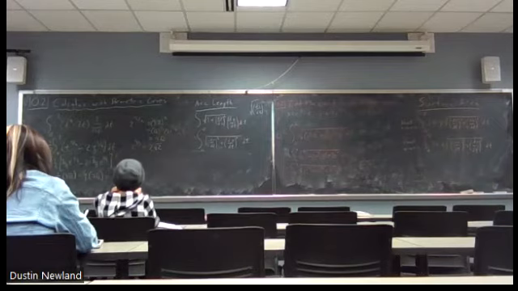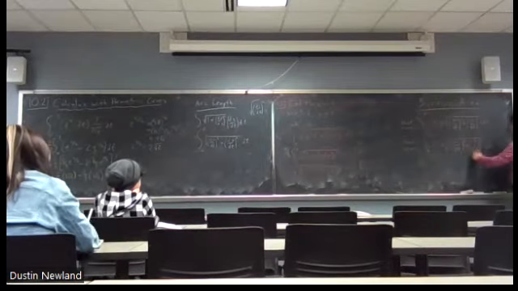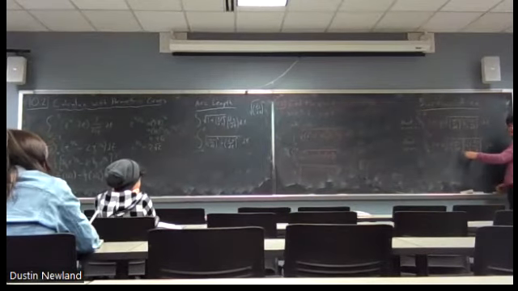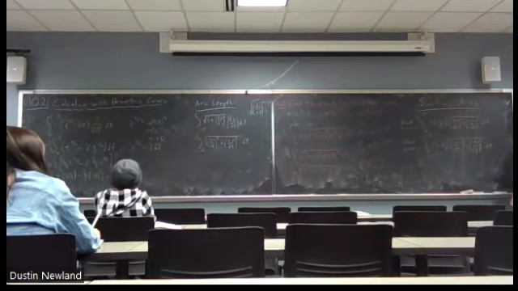Okay, so same equations as before, except instead of 1 plus the derivative of the thing, we're going to have the arc length piece in here, which is going to be dx over dt squared plus dy over dt squared, to find our surface area in this case.